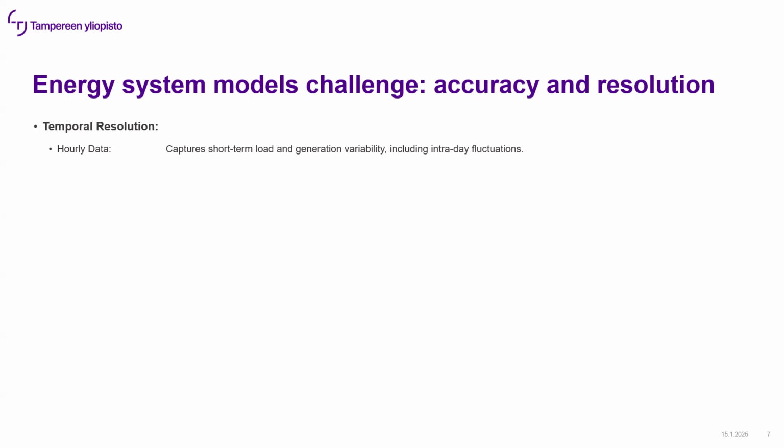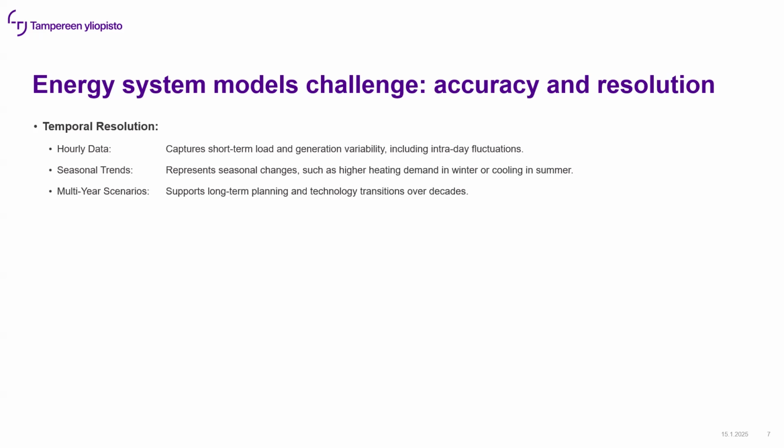Most of the models that we are dealing with in this course use this hourly data resolution. You can also have 15-minute resolution nowadays because the electricity market is going to move to a 15-minute cycle. Seasonal trends represent seasonal changes: higher heating demand in the winter, cooling in the summer.